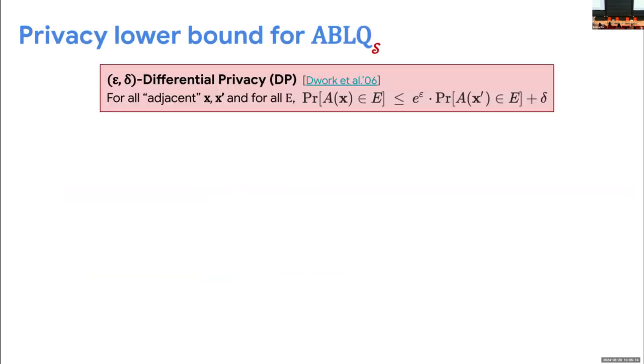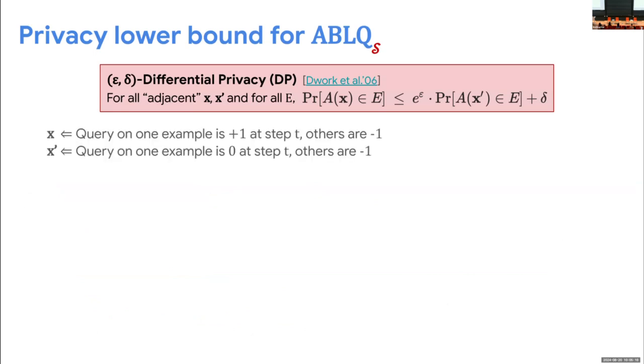So let me quickly tell you the proof technique here. To establish a lower bound, I just need to give one adjacent pair and demonstrate a separation. We look at this adjacent pair where in one data set, all examples except one evaluate to a gradient of -1, and the differing example evaluates to a gradient of 1, which in the adjacent data set is zeroed out.